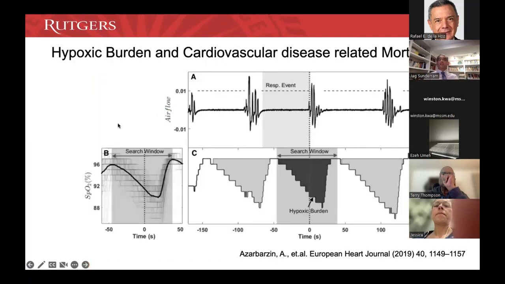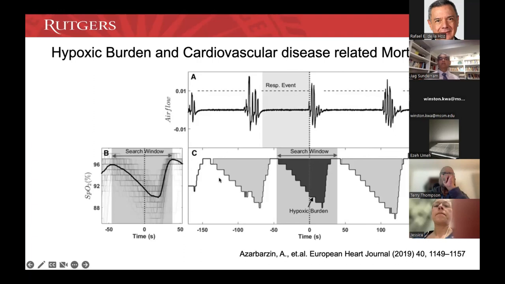So hypoxia, which is a consequence of these events, does play an important role in potentially hypertension and heart failure mortality. And so the other way to look at hypoxia is what's been termed the hypoxic burden, which is to look at not only the duration of hypoxia, but also the depth. So capturing the depth to which each event leads to hypoxia. Here in this situation, it starts at 96%, drops to about 85%.